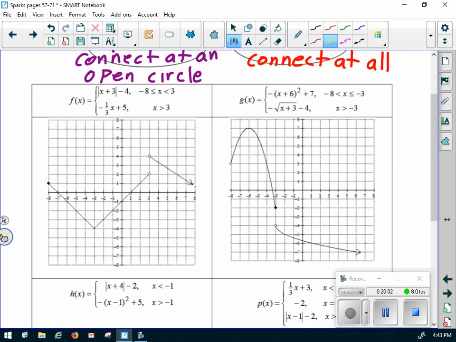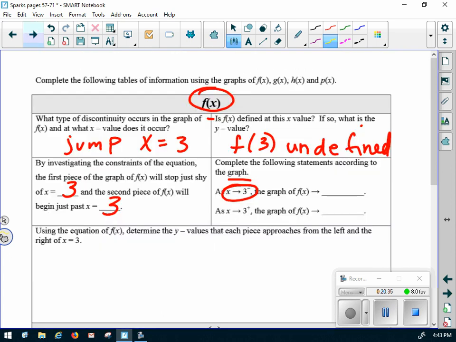So we're coming this way from numbers smaller than 3. What are the y values getting closer and closer to as x approaches 3 from the left? Well, it's getting closer and closer to 2 from the left. Now the next question is what happens as x approaches 3 from the right, from numbers bigger than 3? What do the y values get closer and closer to? Well, the y values get closer and closer to 4. So, from the left, 2, from the right, 4.